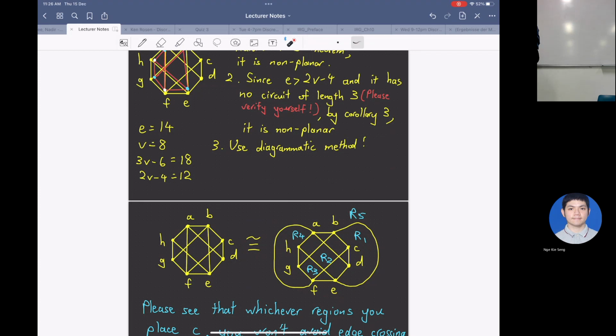If you try to draw this isomorphic graph here, you still see some edge crossing. So you need to discuss whether the placement of these four vertices at different places can result in no edge crossing or not.